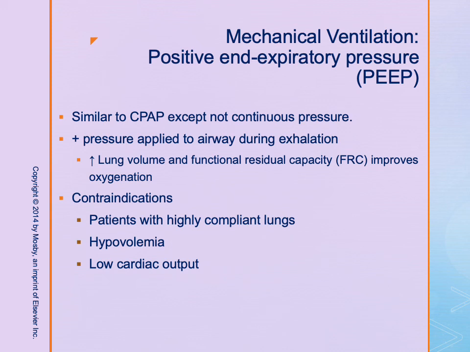If that patient is prescribed high levels of PEEP, that positive pressure can increase thoracic pressure within the chest, which can put pressure on the pulmonary vasculature, further decreasing cardiac output. Therefore, if PEEP is needed, it will be prescribed at low levels and the patient's cardiovascular status would be monitored very carefully.